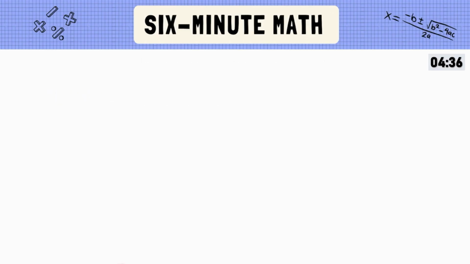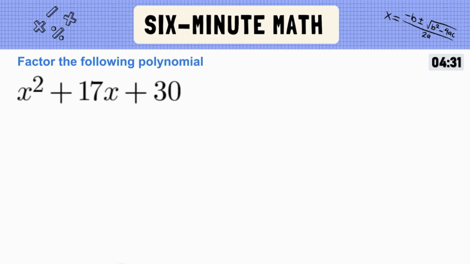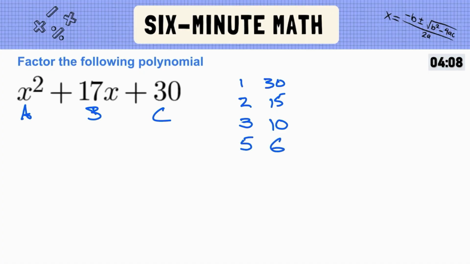So let's do some examples here. We are going to factor x squared plus 17x plus 30. I have my a, b, and c values, and I write my factor u for that c value of 30. That looks like 1 and 30, 2 and 15, 3 and 10, and 5 and 6.